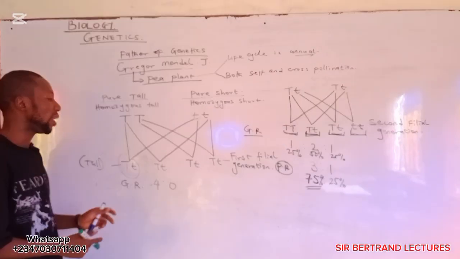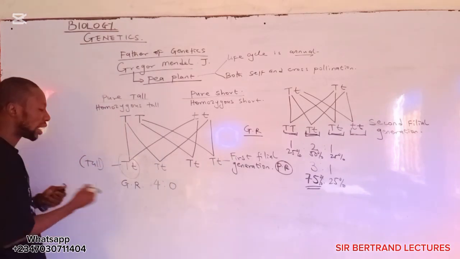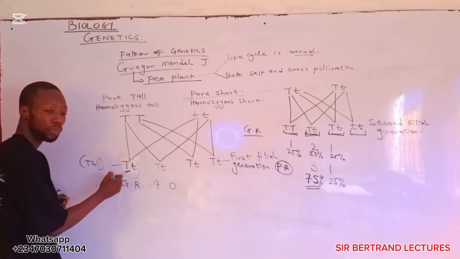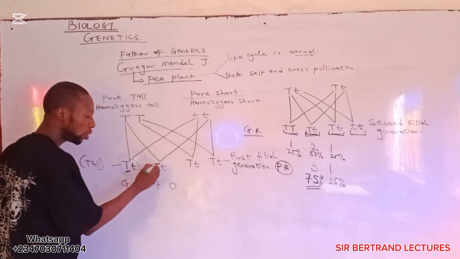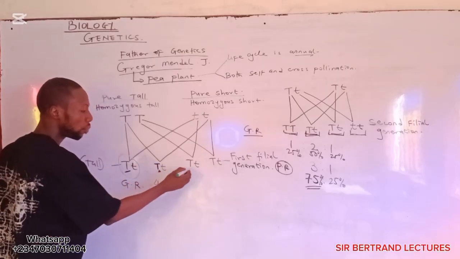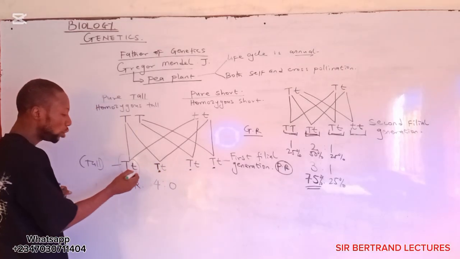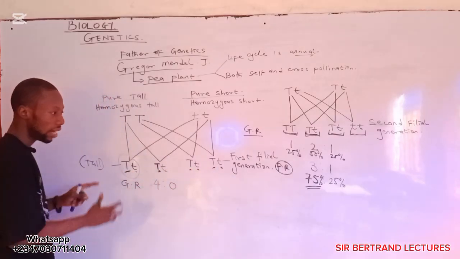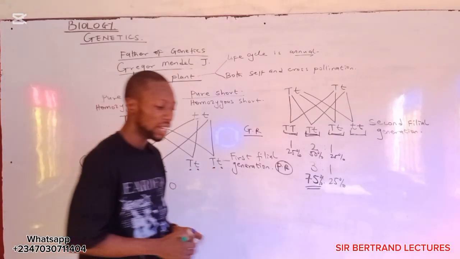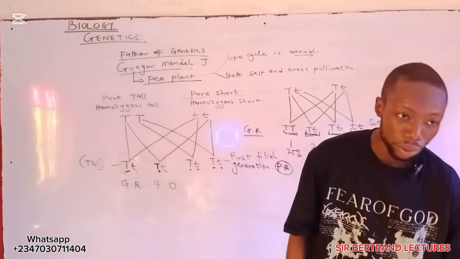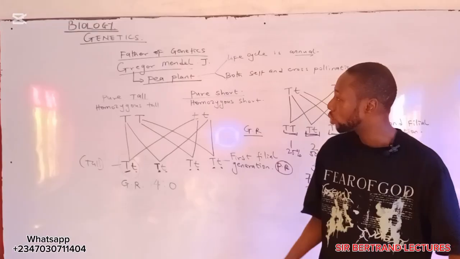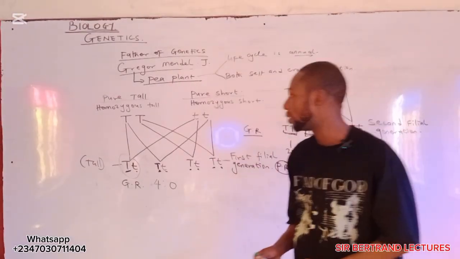All right, and here Gregor Mendel said that the first gene of the heterozygous is the gene for dominance, while the second gene of the heterozygous is the recessive gene. And this will help you to answer a lot of questions in your exam. Okay, that is all about the Gregor Mendel experiment.